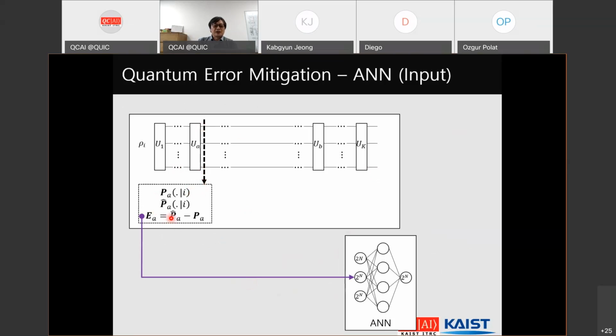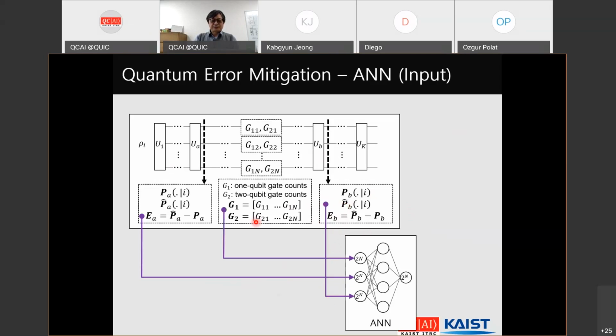So the error state, the error amount, is taken at that point, and then after a certain number of gates, we evaluate another set of probabilities, and we also take the output state with the error.